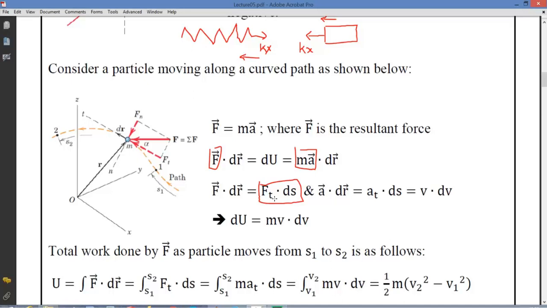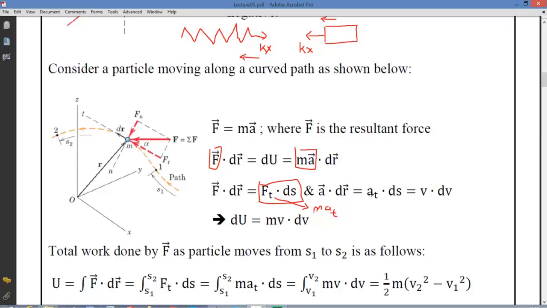Ft is only concerned with the tangential part of this acceleration, so this is m times at. Therefore, I can relate this a dot product dr to at times ds, and this is what we remember from our kinematics part of this course.